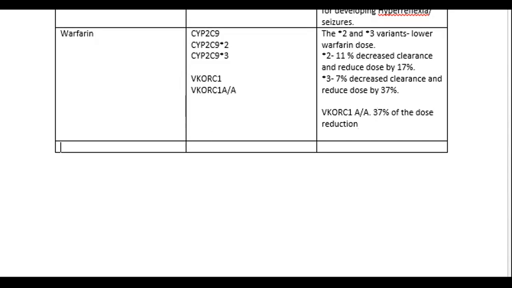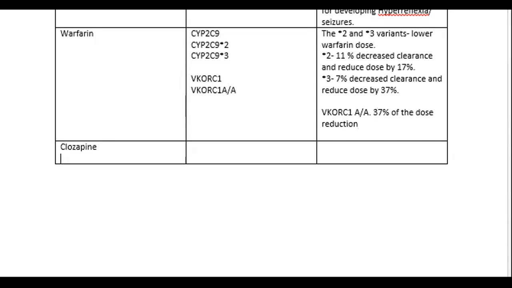And coming to the next one is clozapine. What is this clozapine?